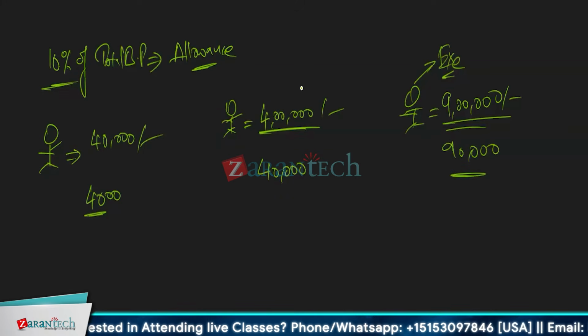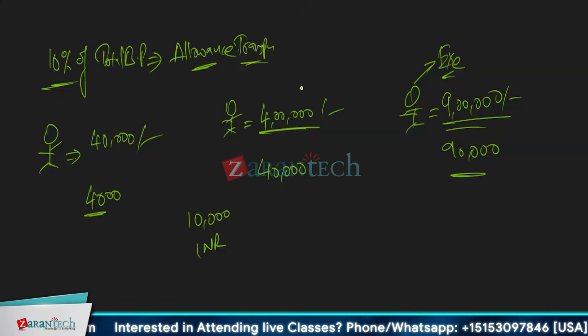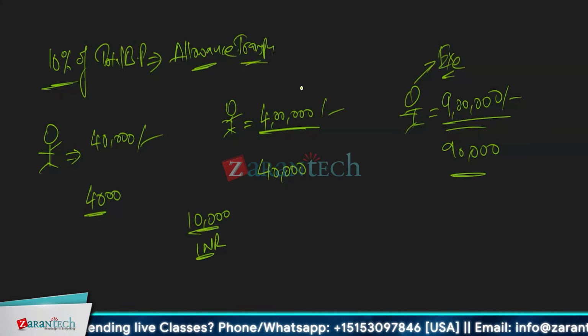Now, if the company wants to cap, saying that I will not pay more than 10,000 rupees as transport allowance, this is the maximum amount. 10,000 rupees is what I want to pay as a maximum. So this employee is going to get 4,000.